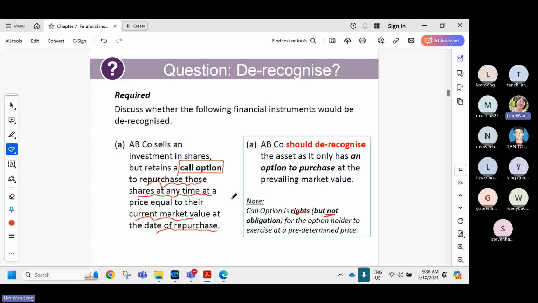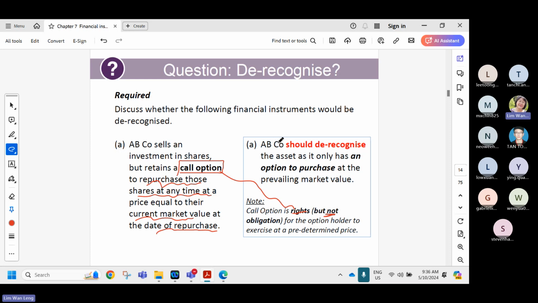But since this is just a call option, it is just a right. A right means that if you want to, you buy back; if you don't want to, no need to buy back. So at this point in time, AB company should be able to derecognize, because the call option, the right to buy back, is just a choice.